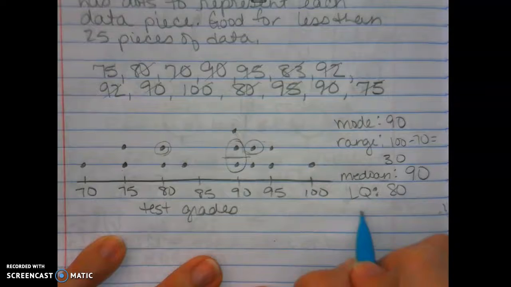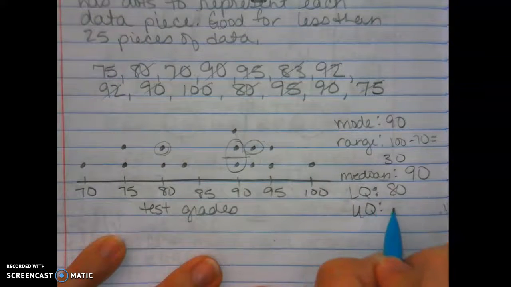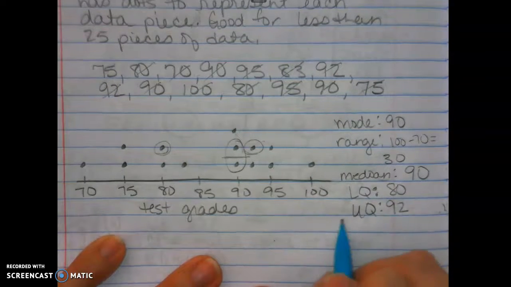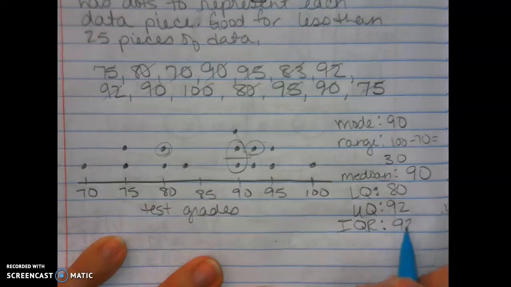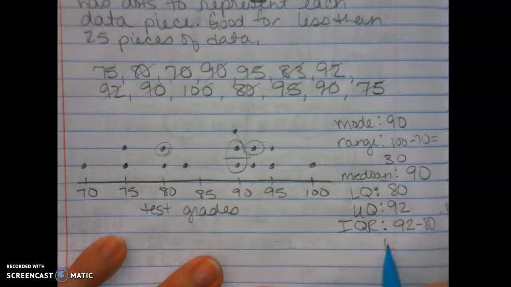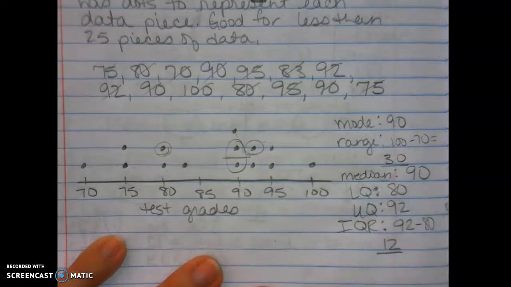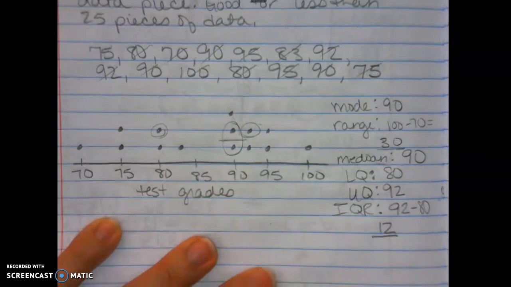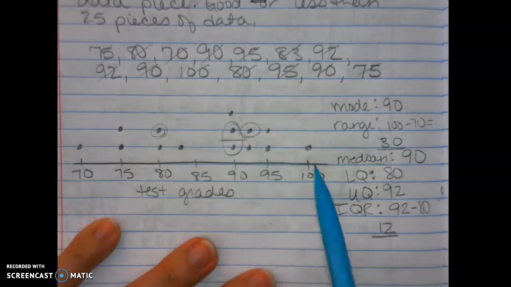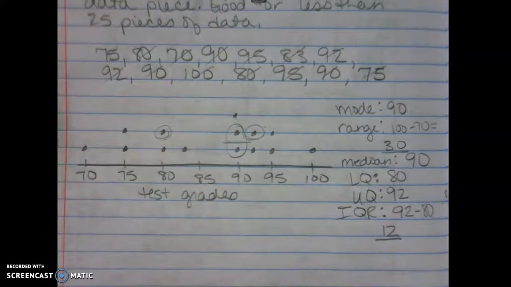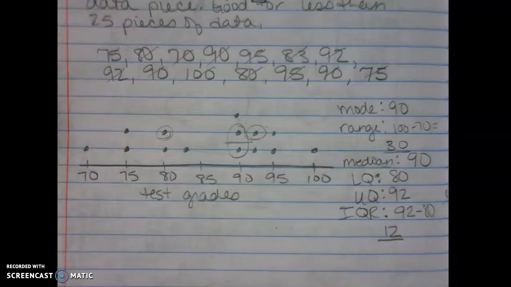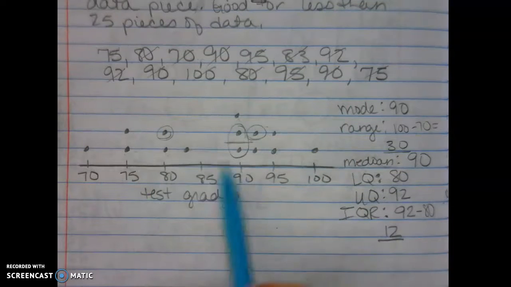Our upper quartile is 92, so our IQR would be 92 minus 80, which is 12. Okay. We could also find the mean. We could add them all up. I'm not going to do that one. That takes a lot of time, but you guys were doing really good with that. Okay. So that is a dot plot. You just take all of your numbers and you put a dot wherever they are.